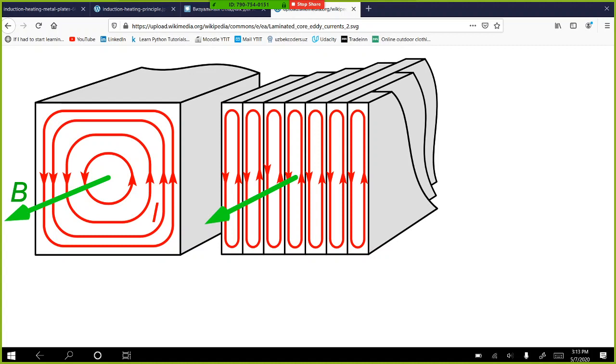So if we have some volumetric conductor, inside this volume occur eddy currents because of the change of magnetic field. These currents are the same as we have discussed in previous lessons, which are induced because of the change of magnetic flux.